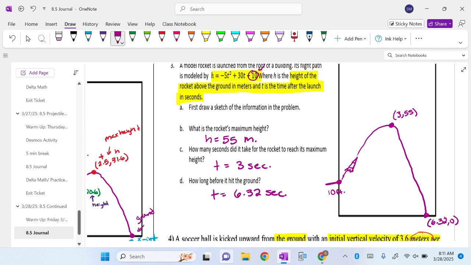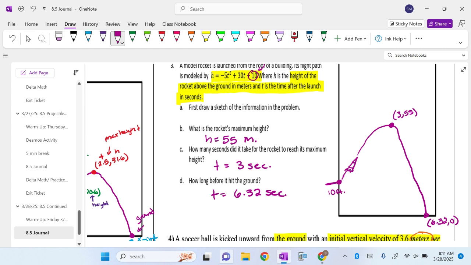I think I definitely got it wrong. I got 55. Did anyone else get 55? Yeah. Okay. So I was about to say, just check your graphs, because I think he just put it in wrong. All right. So I got h is equal to 55 feet.